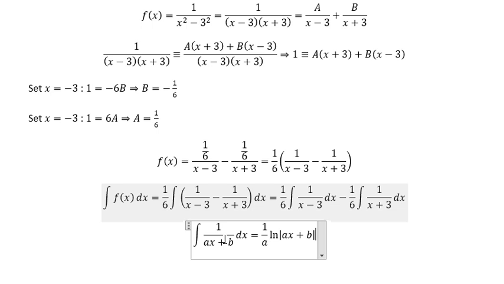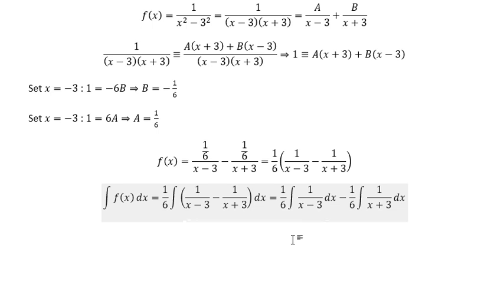So if a is 1, that is, the coefficient of x is 1, it means if we integrate 1 over x plus b, we just get the ln of x plus b. And the same thing if we integrate 1 over x minus b, we will still get the ln of x minus b.